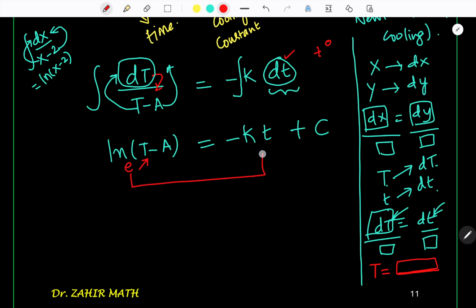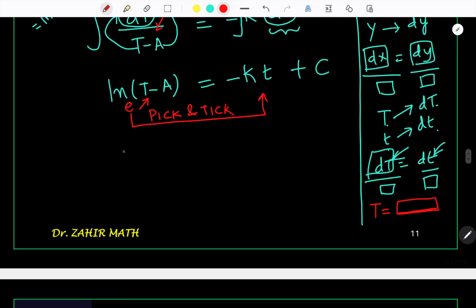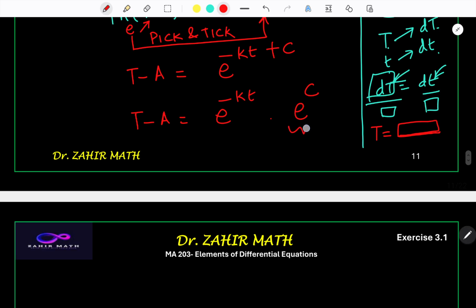So we are going to use the rule, right? Let's start now. T minus A is equal to e power minus kt plus c. So T minus A equals e power minus kt times e power c. C is a constant, so e power c is a constant.